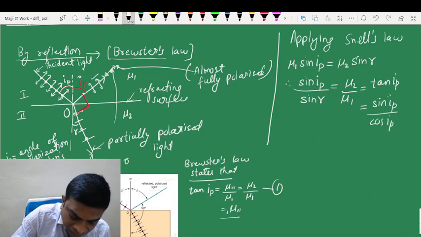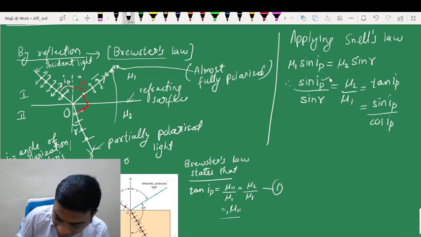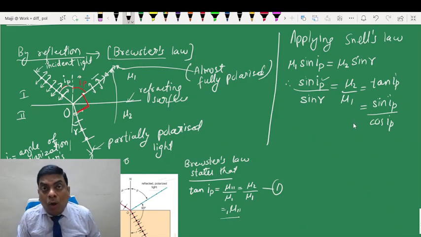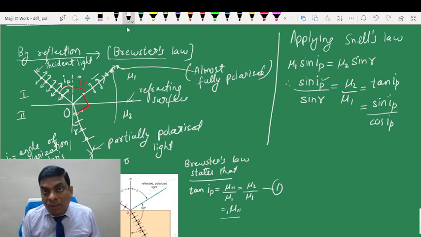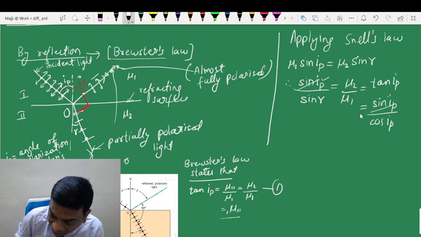Now you can notice, students, that all the angles IP, R are acute angles, less than 90 degrees. So no need to use your trigonometric brain to find all the possible angles. Only one possibility is there in one quadrant in these kinds of simple equations. So simply cancel sin IP and you can equate the denominators.